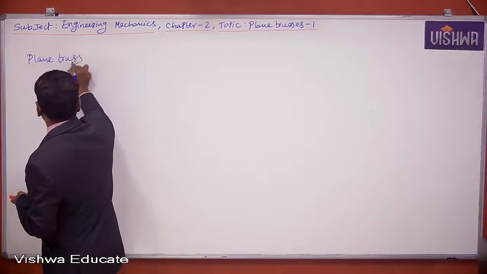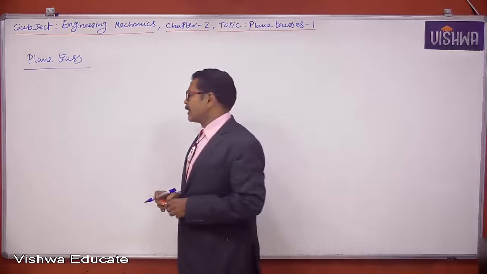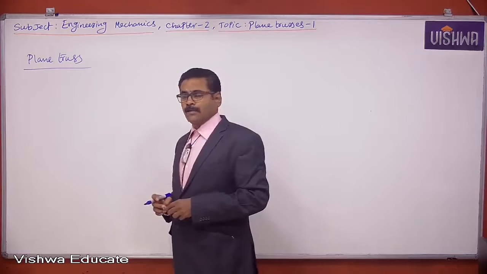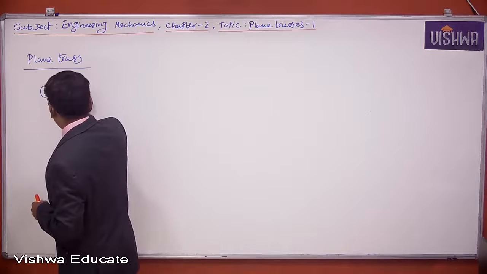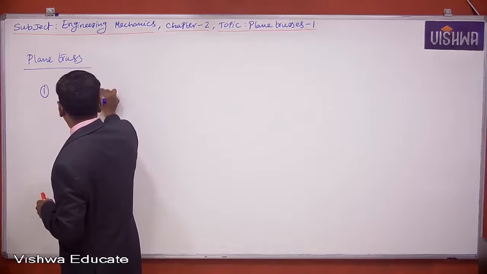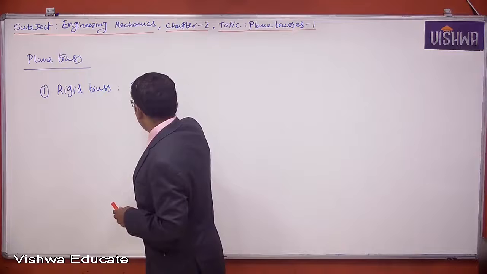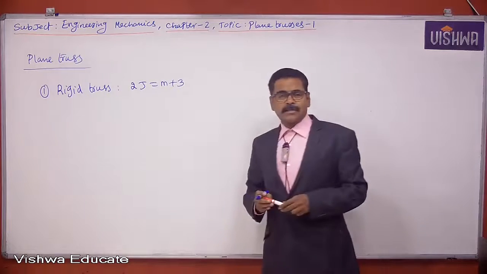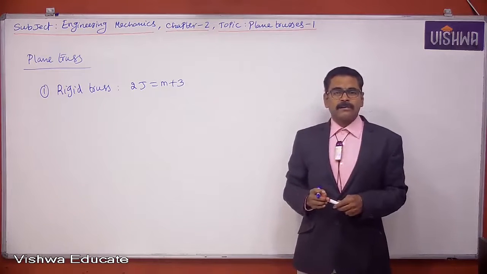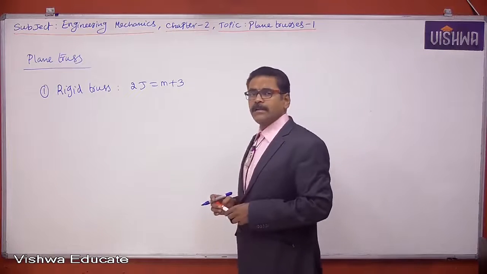First I try to classify plain truss. Plain trusses are classified into three groups. First is the rigid truss. If 2j is equal to m plus 3, I can call this truss a rigid truss or perfect truss.